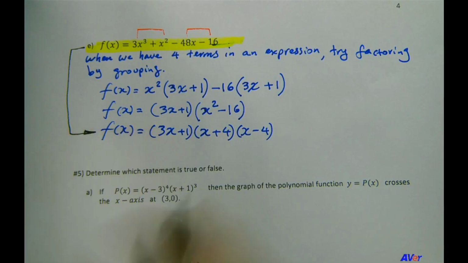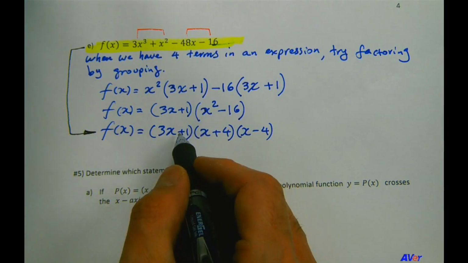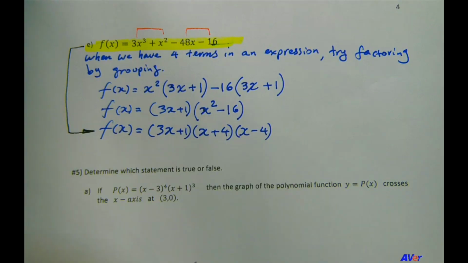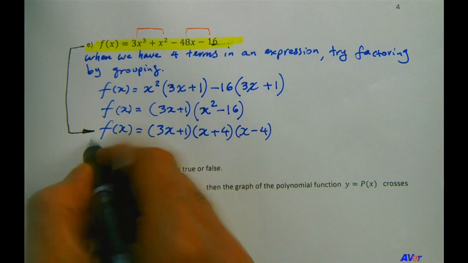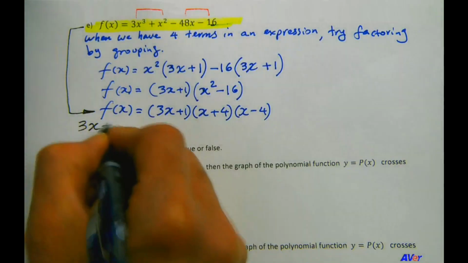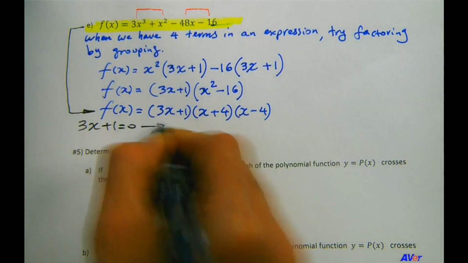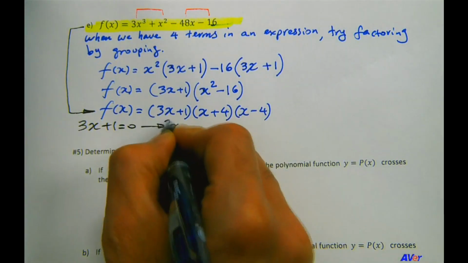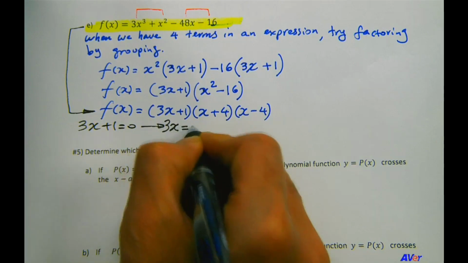Okay, so now that we have this, what is the question we were asked? The zeros and the multiplicities, right? Okay, so if 3x plus 1 is equal to 0, then 3x is equal to negative 1, right?